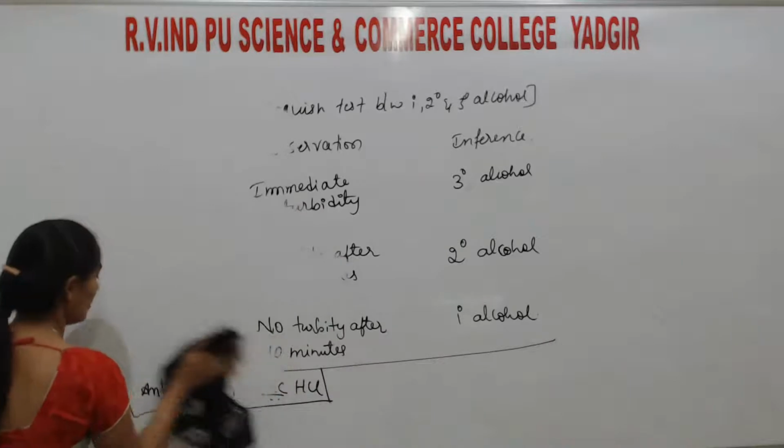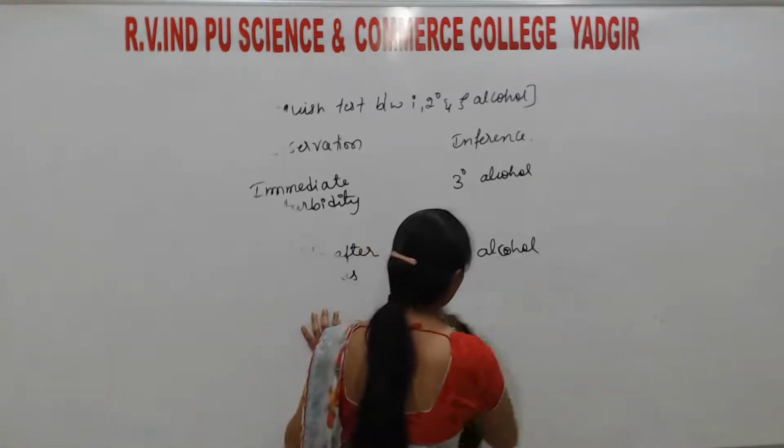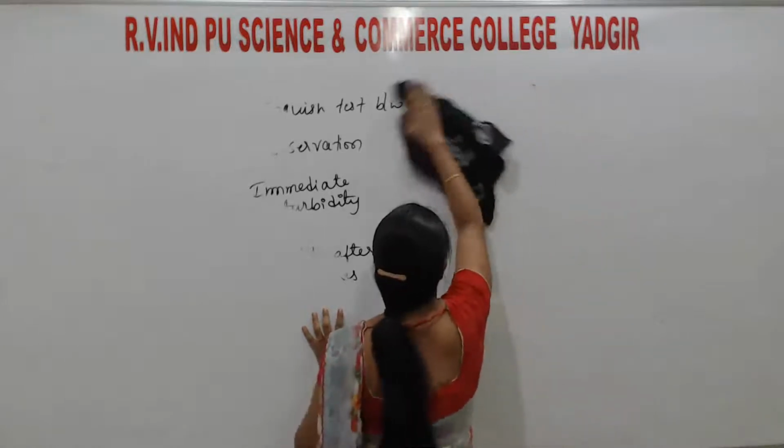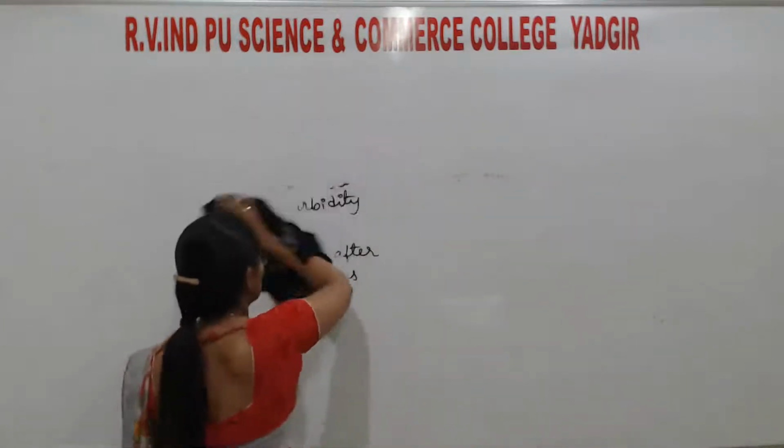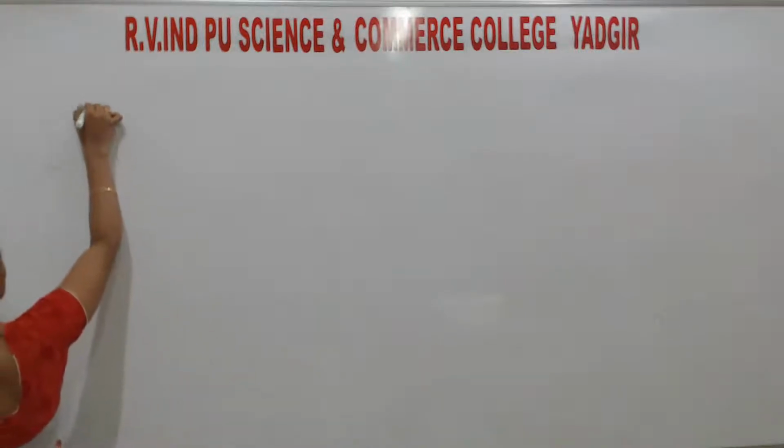So this is about the reactions of alcohols. The next is phenols. Next is reactions of phenols. The first one is preparation from diazonium salts.